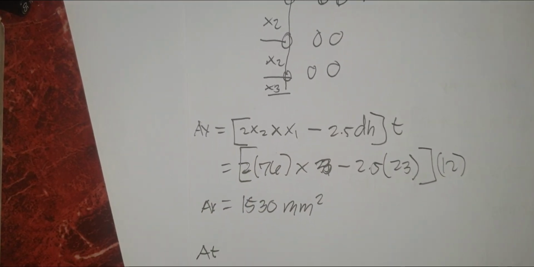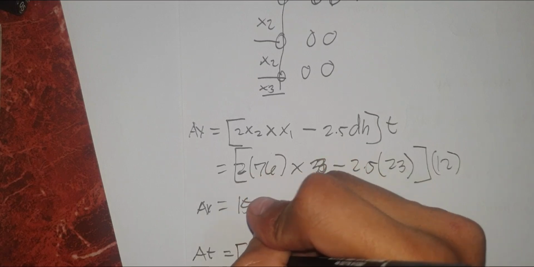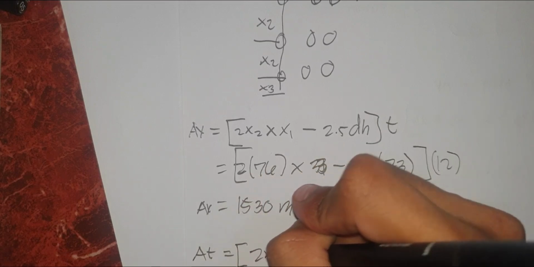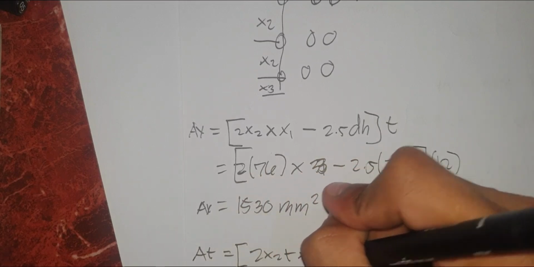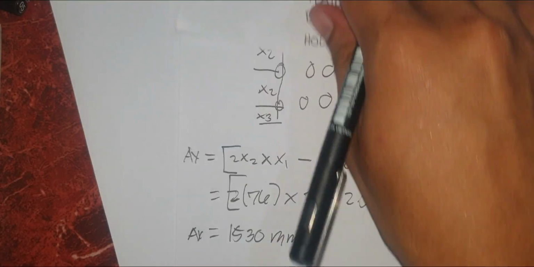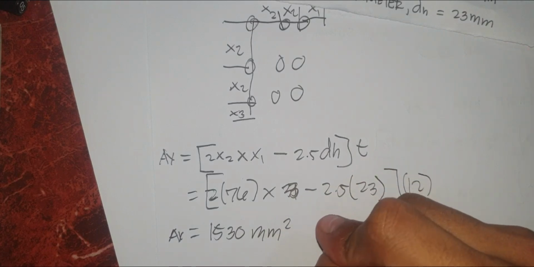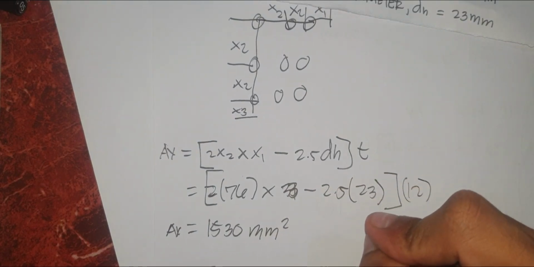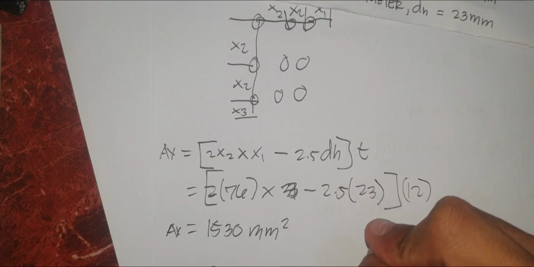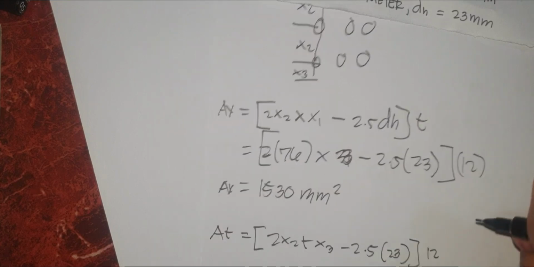The next is net shearing area, or AT. So x sub 2 plus x sub 3 minus 2.5 times 23 times the thickness 12.